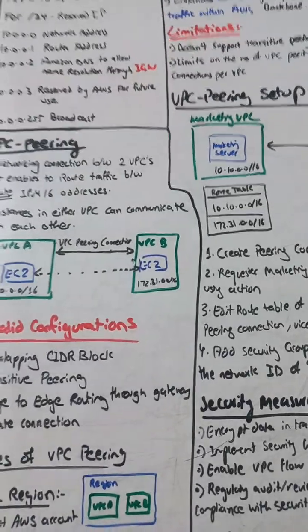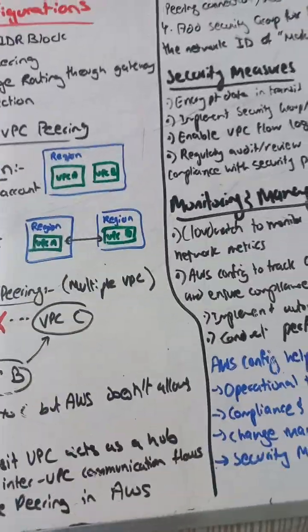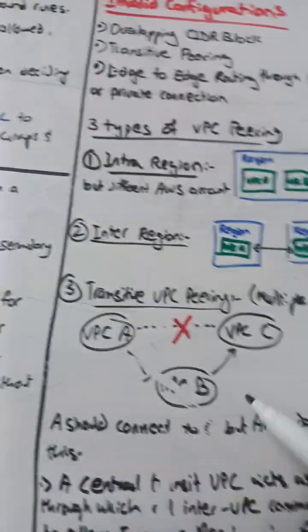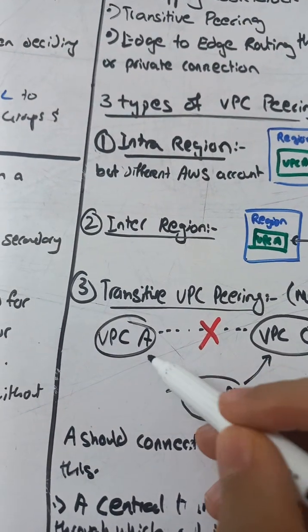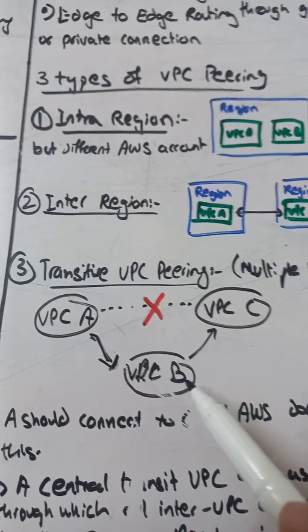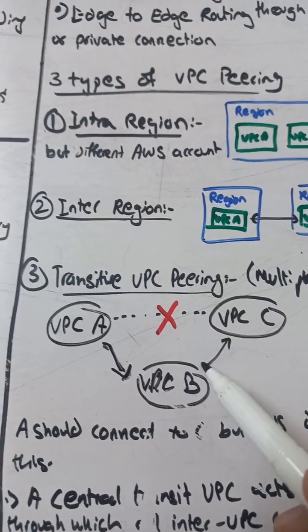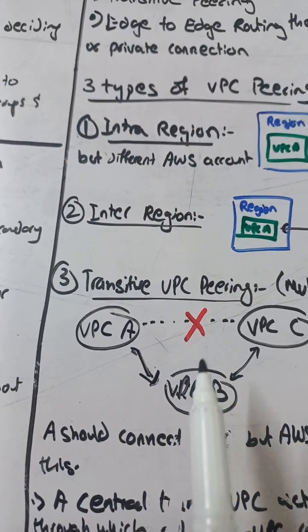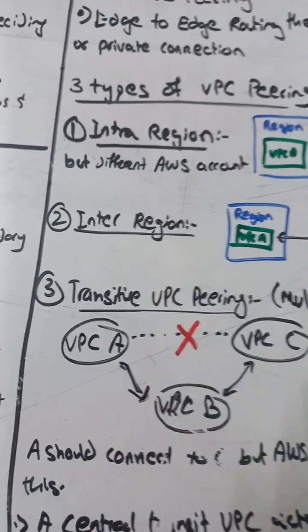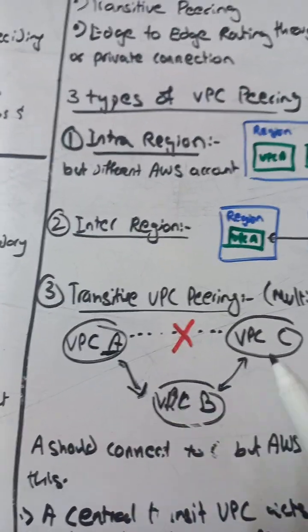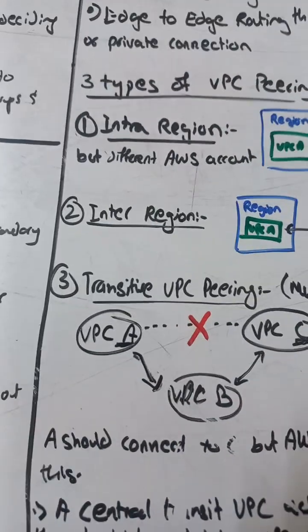So what is transitive peering? If you have three VPCs, VPC A, B, and C, and VPC A has a VPC peering connection with VPC B, and B has a VPC peering connection with VPC C, then transitive VPC peering states that you should be able to communicate A with C. This is the transitive property.